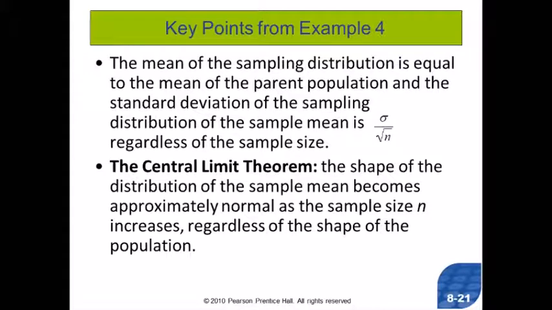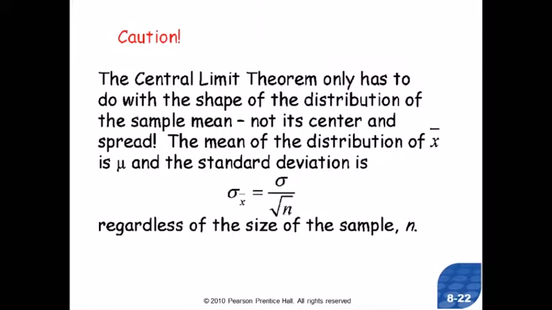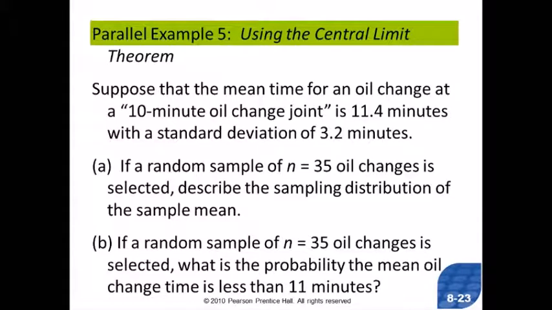As the sample size increases, whatever the shape of the distribution, the shape becomes approximately normally distributed. Again, the Central Limit Theorem only focuses on the shape of the distribution.